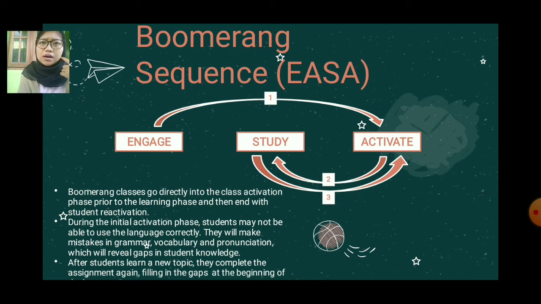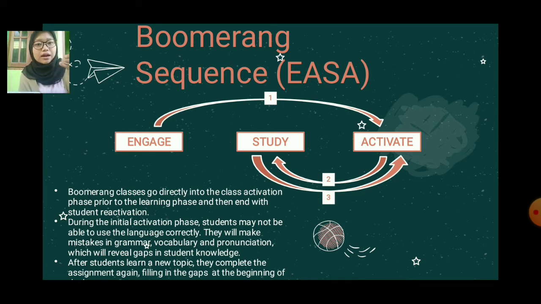Jadi biasanya after pemberian stimulus langsung ke praktek, istilahnya activate itu ke prakteknya. Nah, di praktek itu anak-anak masih salah-salah gitu. Nah, itu nggak apa-apa, setelah salah dibenarkan lagi di proses tadi, dibenarkan dari kesalahan yang di activate tadi.